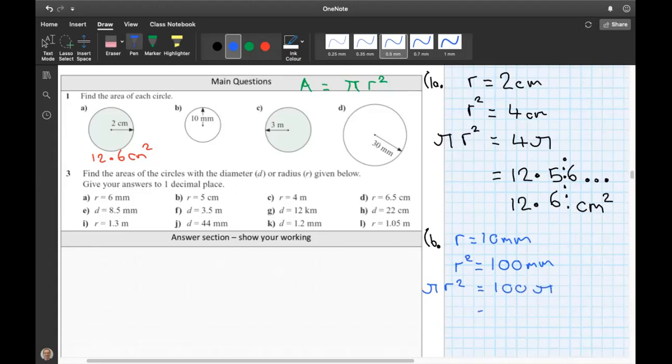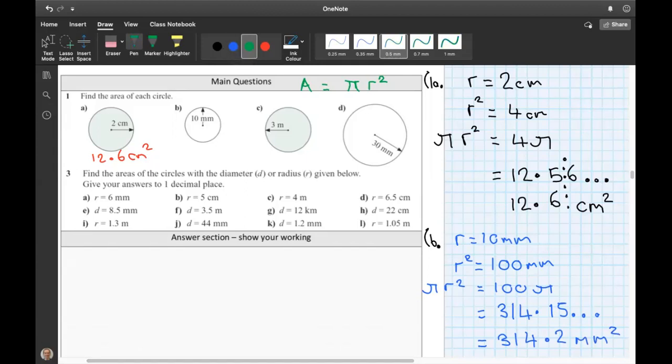Then you press your SD button and you will get out 314.15... Round that to 1 decimal place. Now we get 314.2 this time, because that 5 will round the 1 up to a 2. Our units here were millimetres, so for the area, it will be millimetres squared.